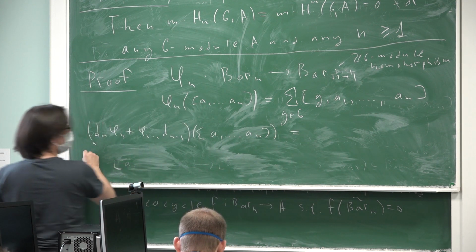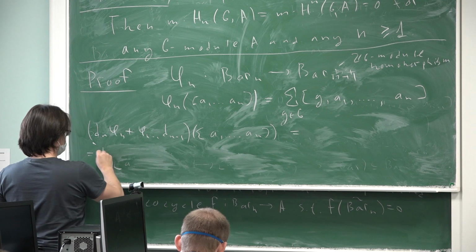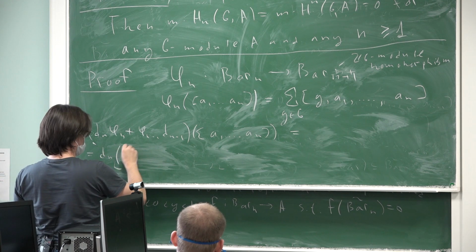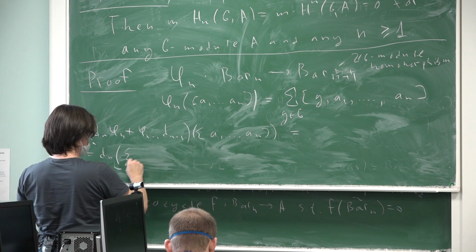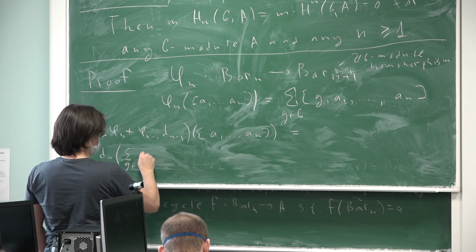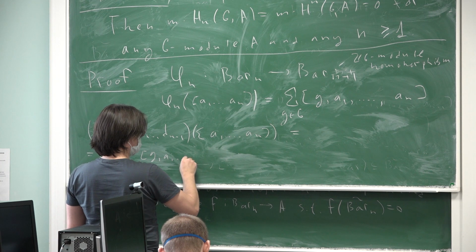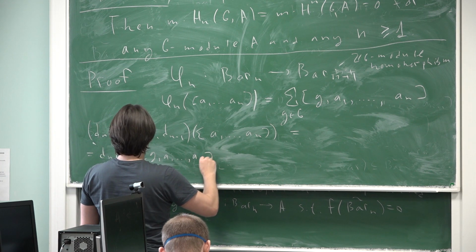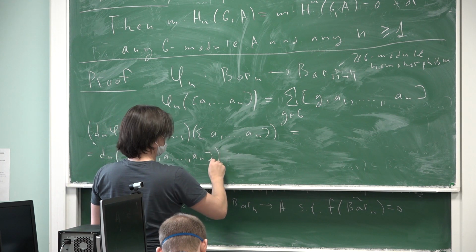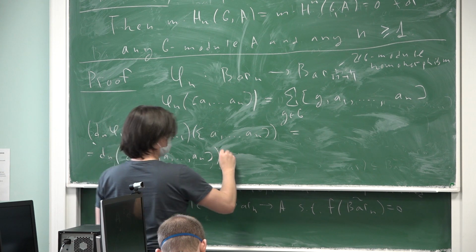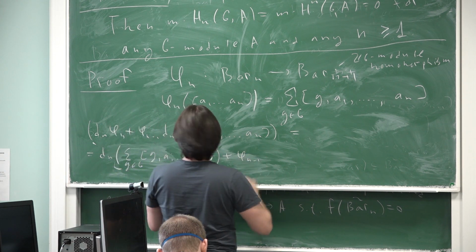So it is dn applied to the sum for g from G of g, a1, so on, an, plus phi n minus 1.